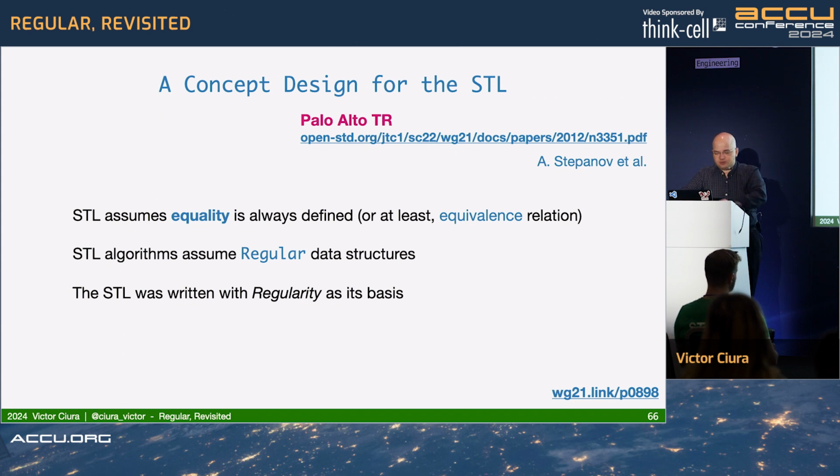The STL assumes equality is always defined throughout, or at least the equivalence relations that I mentioned. Whenever you decide to go against this and say, I'm not going to define equality here, you're going to have many places where you're not going to be able to interact with STL stuff, either types or algorithms in there.